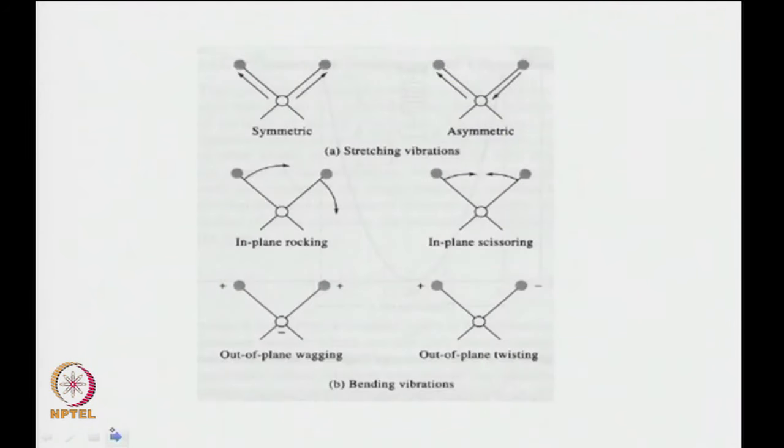To stress the fact again, this is another similar figure which enforces the differences between the different types of vibrations: symmetric, asymmetric, in plane rocking, in plane scissoring, which are in plane bending vibrations, then out of plane wagging and out of plane twisting. So, the last four are bending vibrations, and the first two are stretching vibrations as shown here.